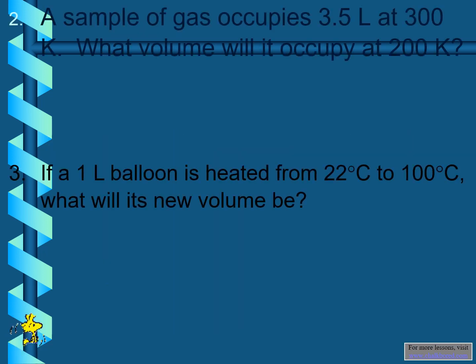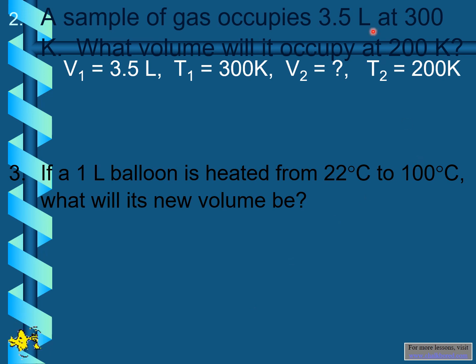In the first problem, which is marked number 2, the volume is 3.5 liters, the temperature is 300 Kelvin, and we are asked to compute for the final volume if the temperature is decreased to 200 Kelvin.